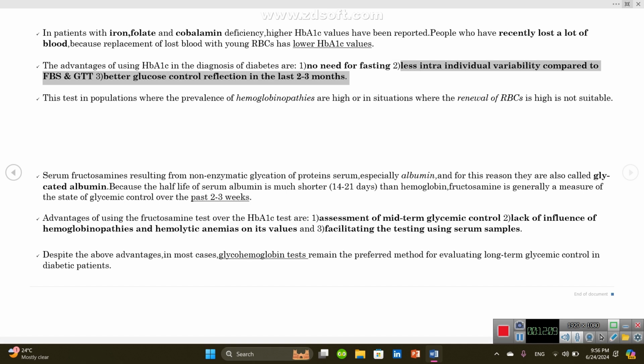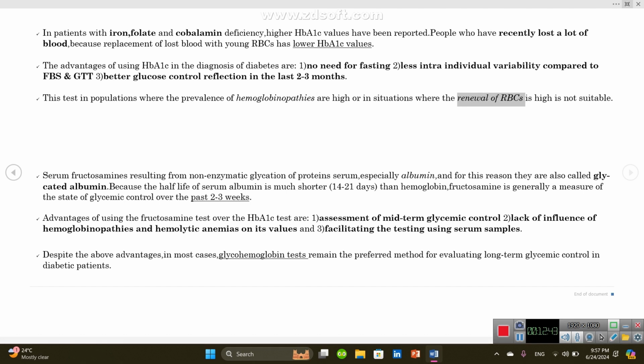And the third one is better reflection of glucose control in the last 2 to 3 months. Okay, this test is not suitable in populations where the prevalence of hemoglobinopathies, like sickle cell anemia, which is very common in Africa due to malaria, is high, or in situations where the renewal of RBC is not normal. It is clear.